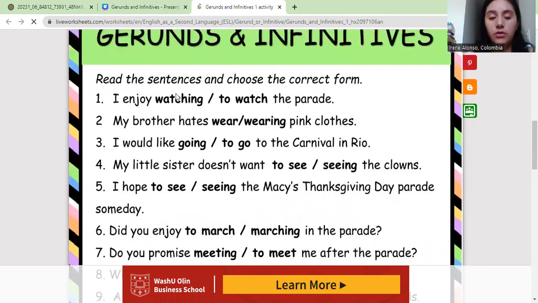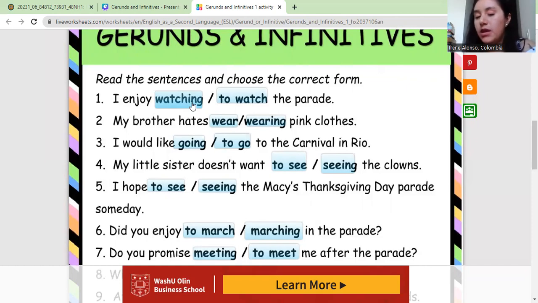With enjoy, we use watching. I think to sound a little bit more native, we must remember these verbs, and if the verbs work with gerunds or infinitives. This is something very important.